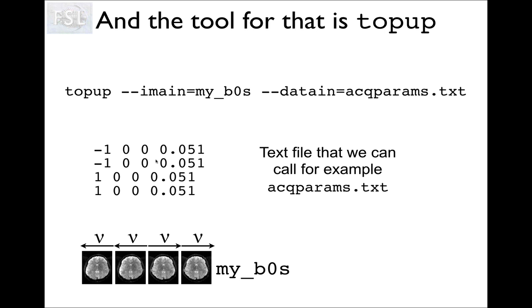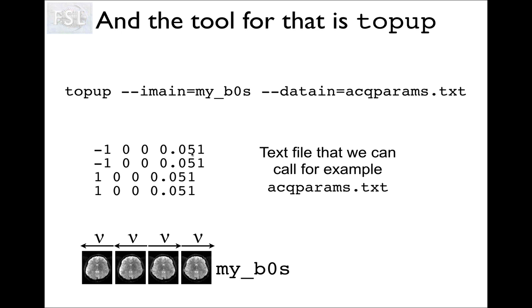One thing I should say already now is that you don't actually need to know the readout time. If you get the readout time wrong, so for example you put in 0.02 in all of these rows instead of 0.051, it is not going to change your results at all. The only thing that is going to change is the scaling of the off-resonance field that is calculated by topup.